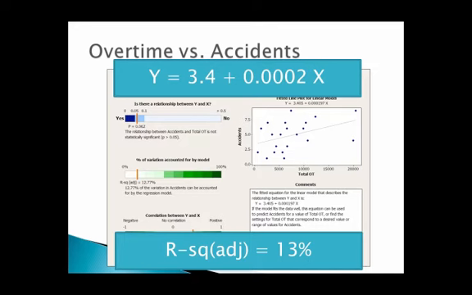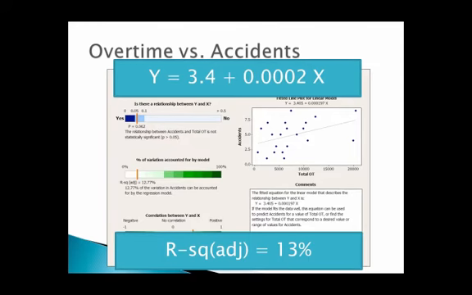So in this case, our R-squared adjusted is only 13%, which means our equation, our correlation between overtime and accidents, only accounts for about 13% of the accidents that we're seeing. It's not very good. So we can't say that if we reduce overtime, it's going to reduce accidents. It just doesn't have that big of an effect.